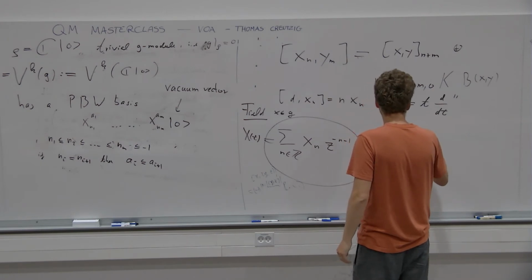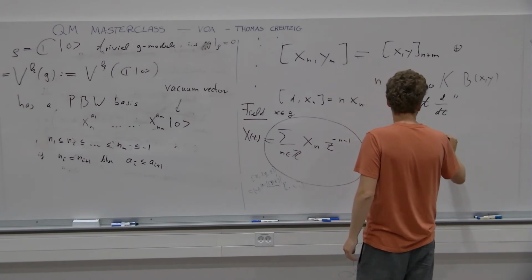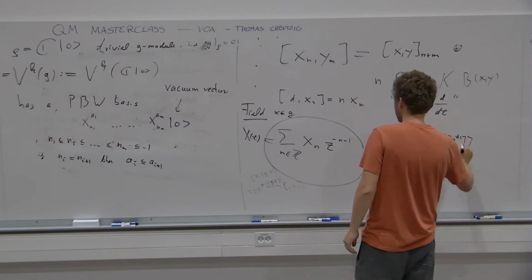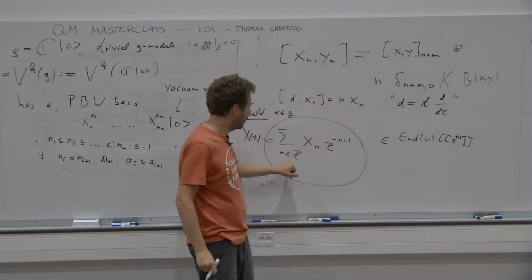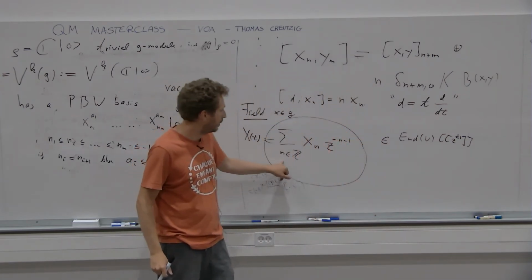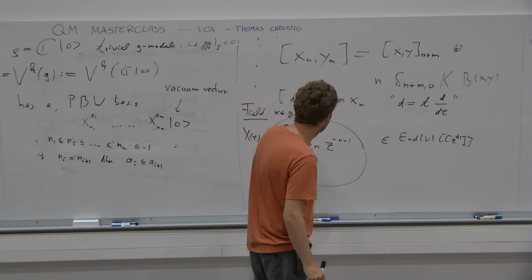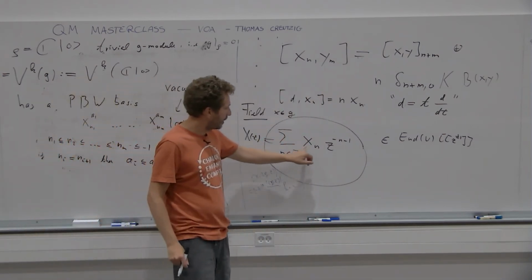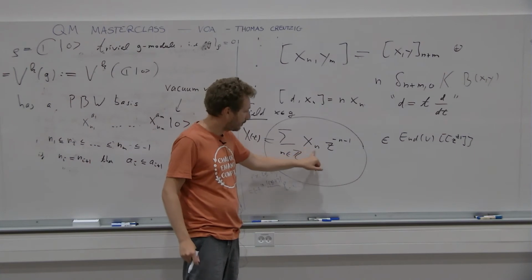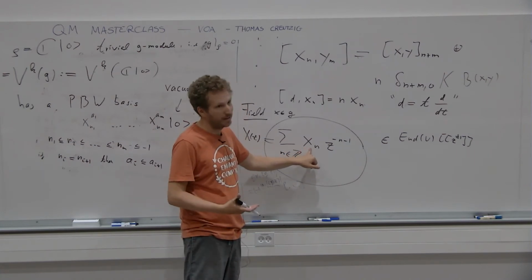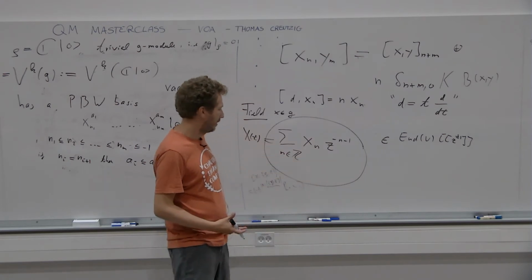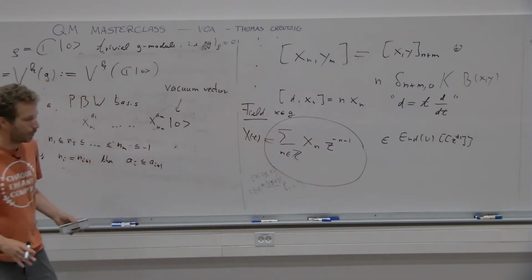It is a formal power series in z and z inverse, right? n runs over all integers, and the coefficients naturally act on it. I will not distinguish between the element of the Lie algebra and its operator that acts on the module, because otherwise the notation becomes way too much.